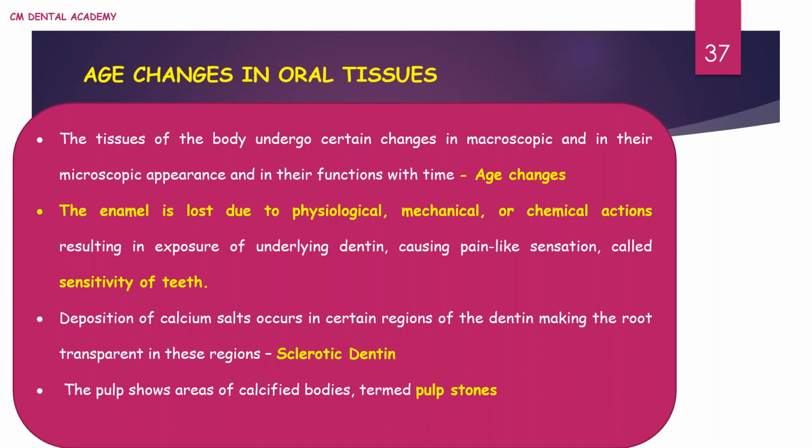Once dentine is exposed, it shows sensitivity. Deposition of calcium salts occurs throughout certain regions of the dentine, making the roots appear transparent, which is called sclerotic dentine. Pulp shows areas of calcified bodies, which are called pulp stones. These are the age-related changes seen in enamel, dentine, and pulp.